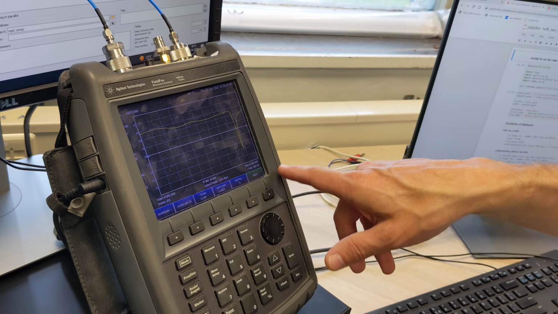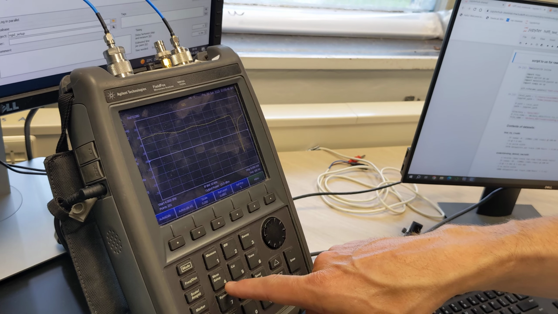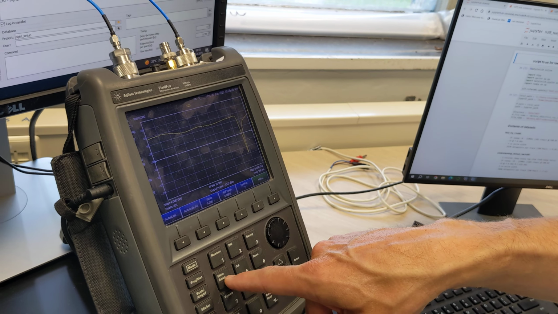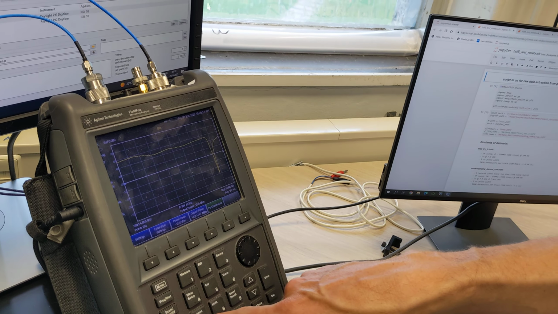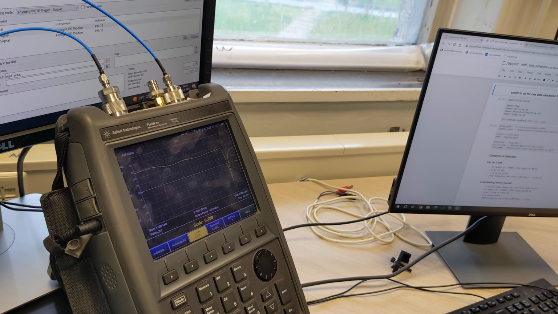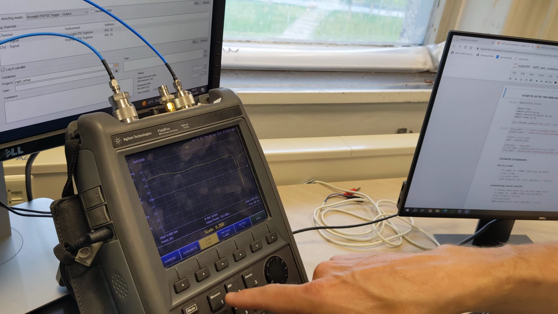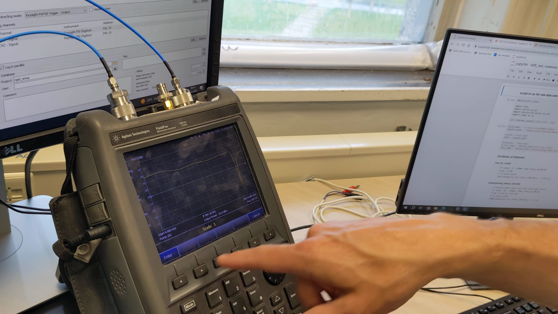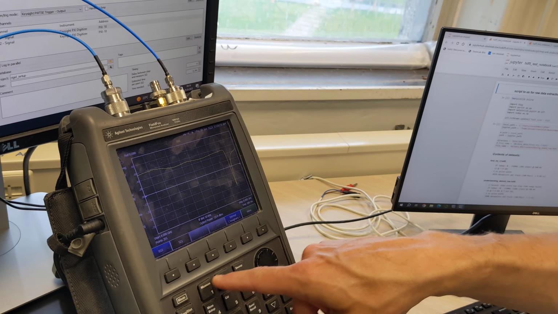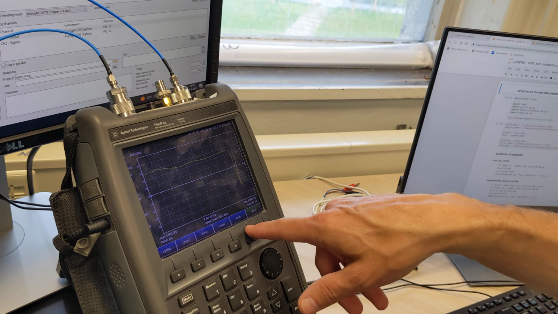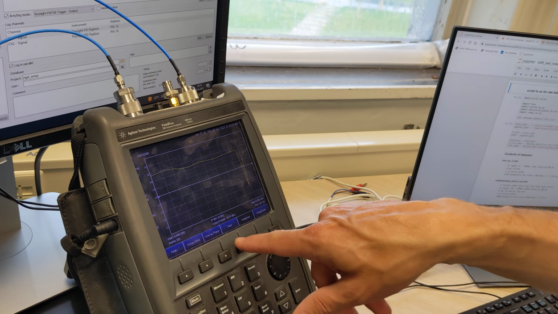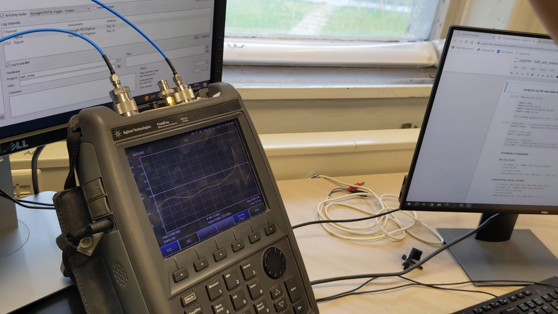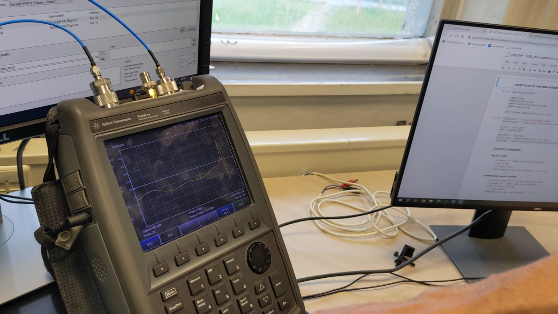So let's go back to measurement setup. That's cool. No, scale. So what I'm going to do, actually, I'm going to go back, cancel, measure. I want to look at the real part, because I know the real part, if I get the correct offset phase, should look like a symmetric dip.